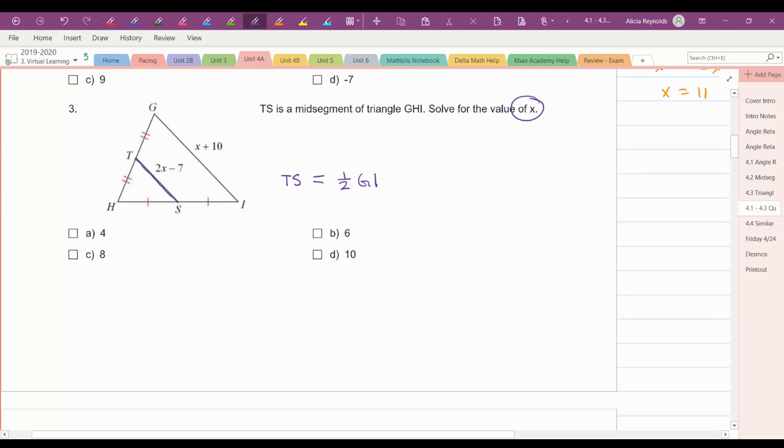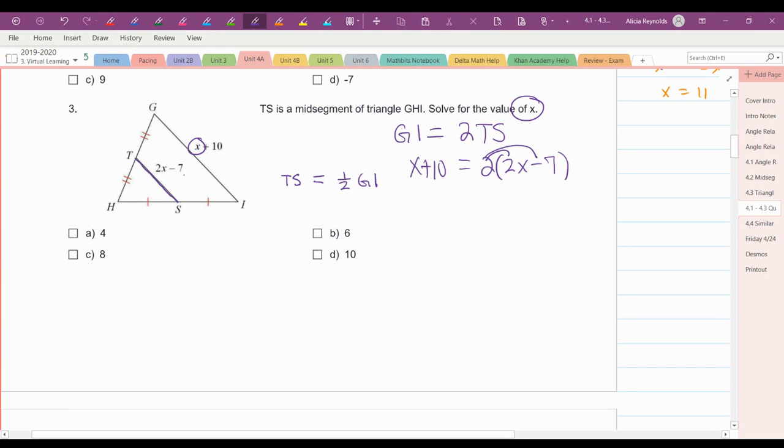And here again, we're just solving for X. So I see that this is just X. So I don't want to divide this by 2 because I'm going to get a fraction. So let's write this as GI is equal to 2 times TS. So GI is X plus 10. 2 times, so I need to put this in parentheses because this is an expression. I'm going to have to distribute 2x minus 7. So here I just substituted what I knew, and now we're going to solve for x.